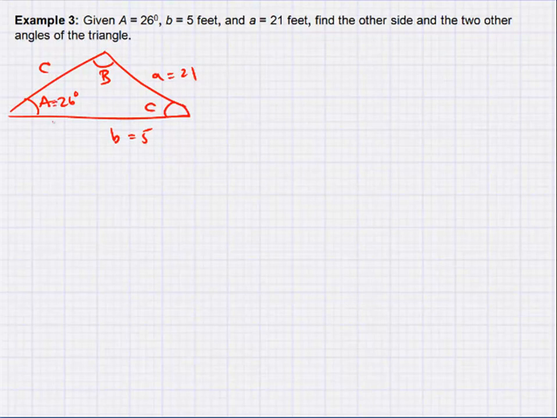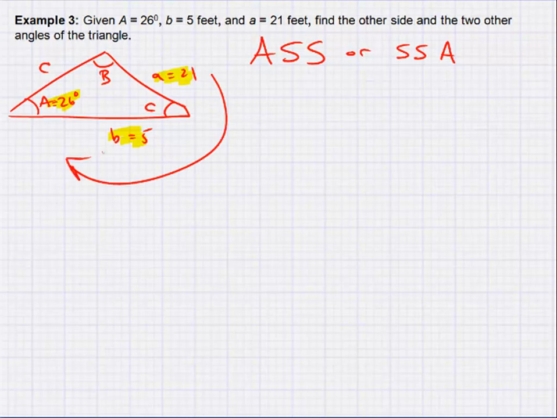So we're given angle, side, side. Or you could say side, side, angle if I read it this way. But the idea is, this is that possible ambiguous case.